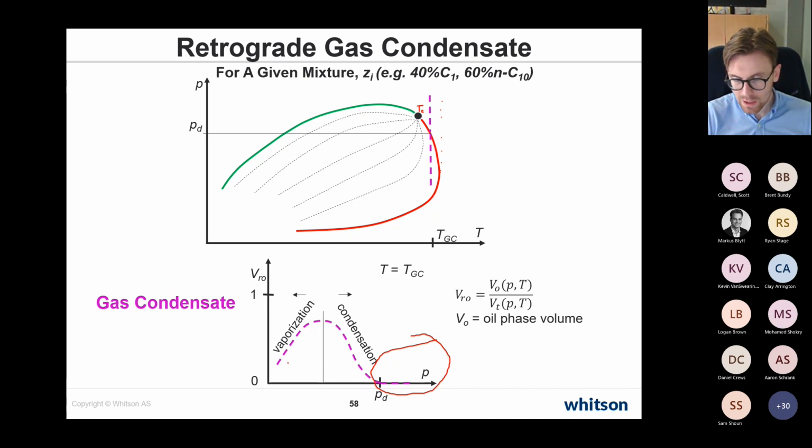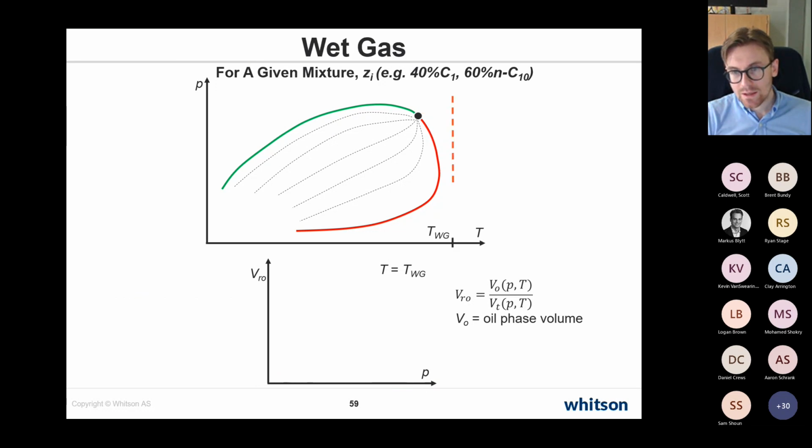It has a little bit different shape when it comes to the liquid dropout curve than, for instance, the oil case. A wet gas is essentially a fluid that has no dew point at reservoir conditions. So we're to the right of the Cricondentherm. When you reduce the pressure at reservoir conditions, it has no dew point.